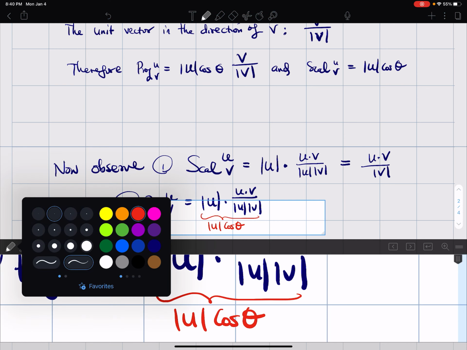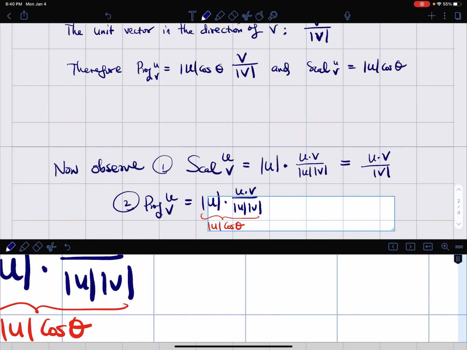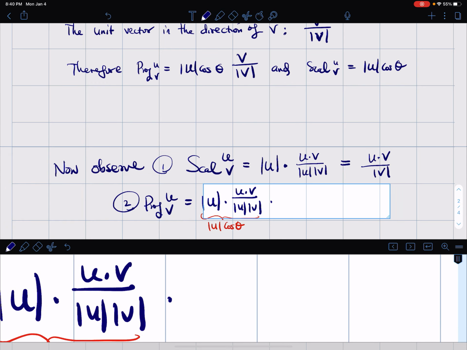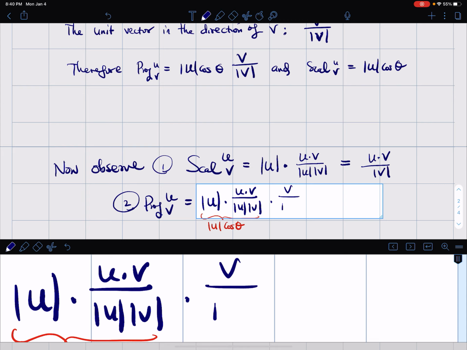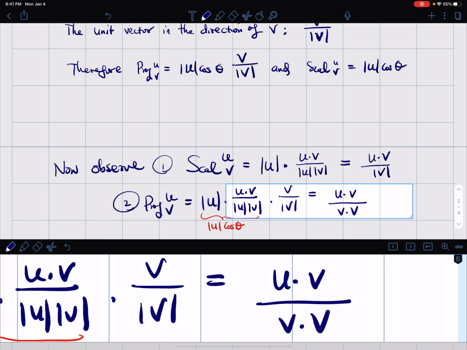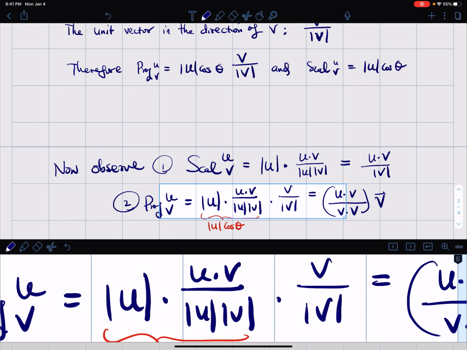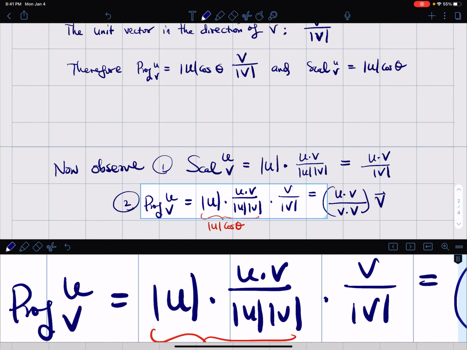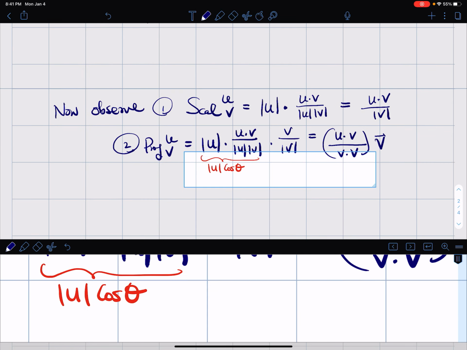Then we multiply it by v over magnitude of v. So this is going to be u dot v over v dot v times v, because v is a vector. I just want to point out that u and v are vectors and their magnitudes are scalars.